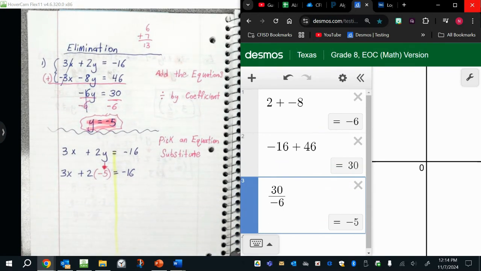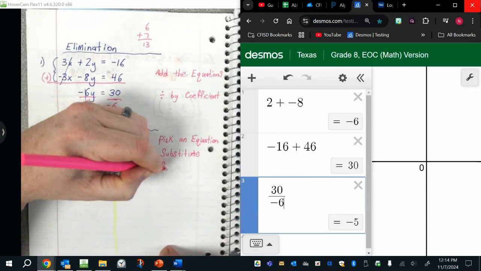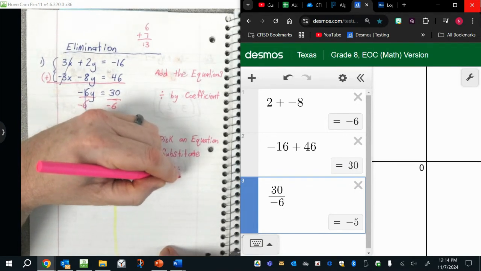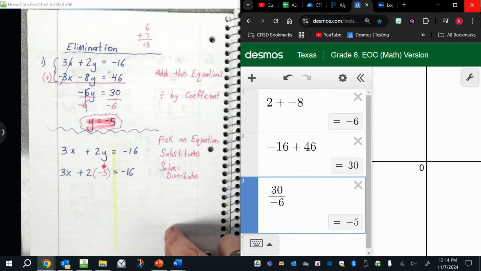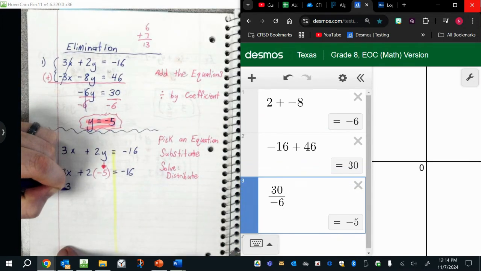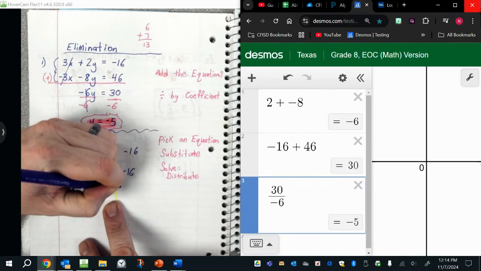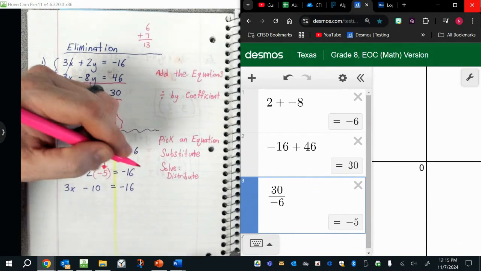So my first step to solve, we are going to distribute. And so this is going to give me 3x minus 10 equals -16. Then we are going to add or subtract.